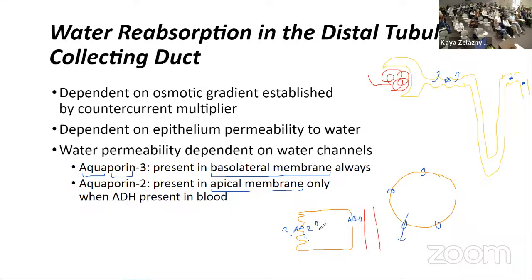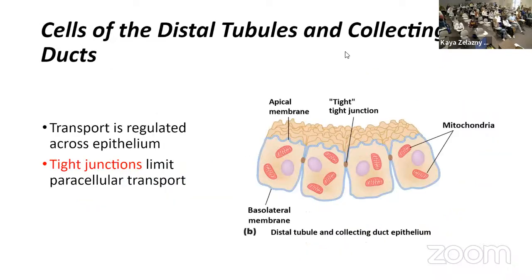So we have to know whether we have this aquaporin present or not to know whether water can flow from our tubular fluid into this cell. Right. So we saw the difference a little bit between the cells with the distal tubule and collecting duct compared to our cell layer in our proximal tubule before. So differences mainly were that we had these tight junctions.